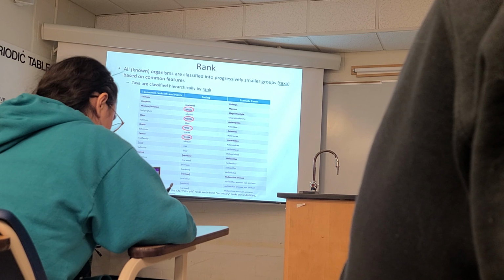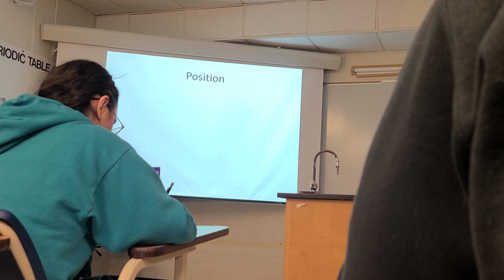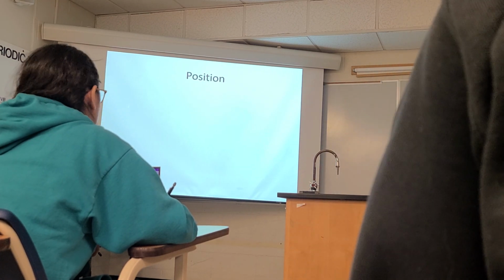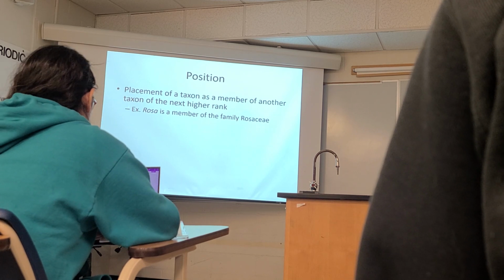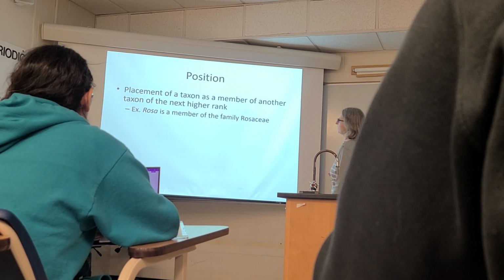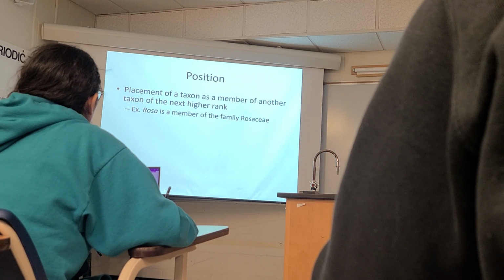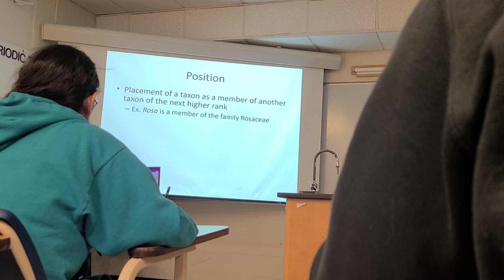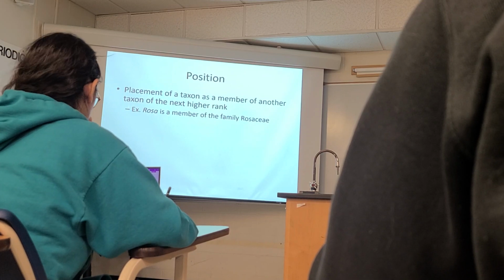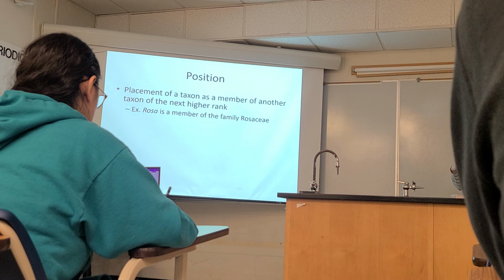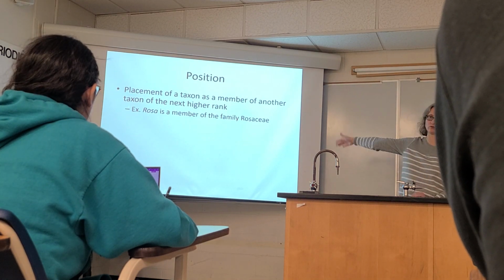There's also going to be, for every name, a position. It is similar, but not the same thing as a rank. That is placement of a taxon as a member of another taxon of the next higher rank. What do I mean by that? The best way I can explain this is to give you an example. Rosa is a genus, that's its rank, and it is a part of the family Rosaceae.